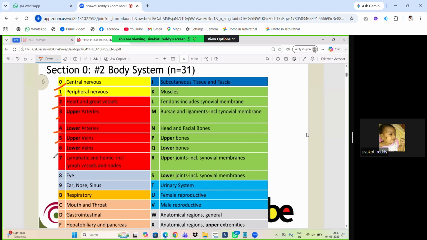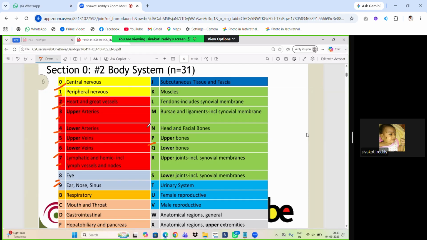It won't change. If they do any procedure on the heart, what is the second character? 2. This value you will get. Suppose they do the procedure on upper bones, what value will you get in the second character? P. Like this, we have a total of 31 body systems.